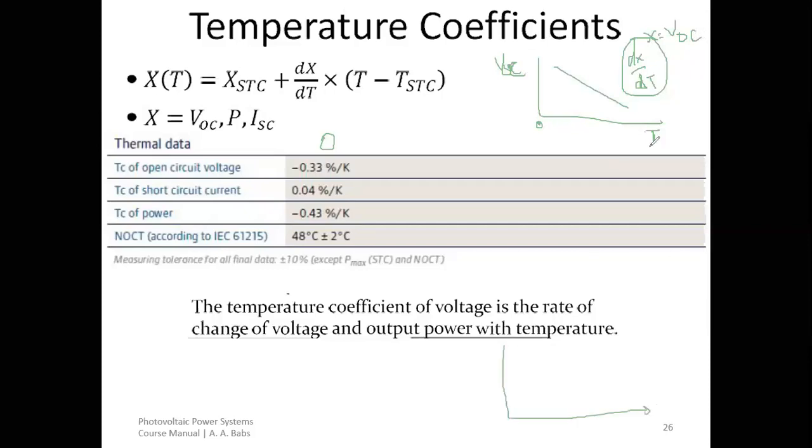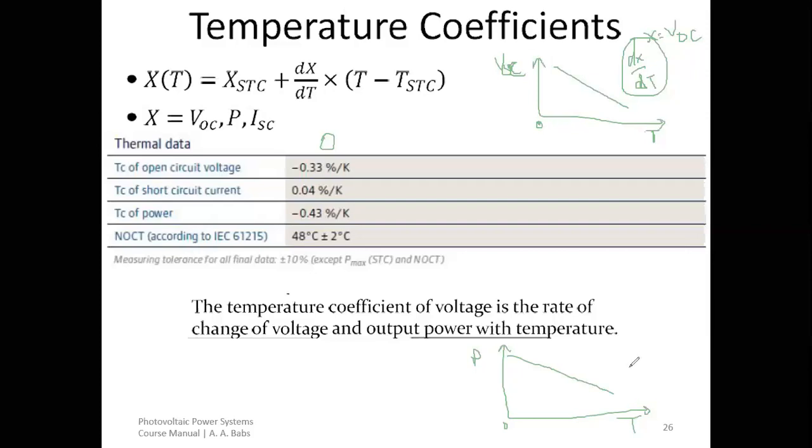So you're plotting the graph of power against your temperature. Again, the graph is also going to come down, but not as steep as what we have in the voltage. So as the temperature increases, what happens to your power? The power also decreases. This is what we don't want when we install our PV system. As the temperature increases, the voltage will decrease and the power will decrease.